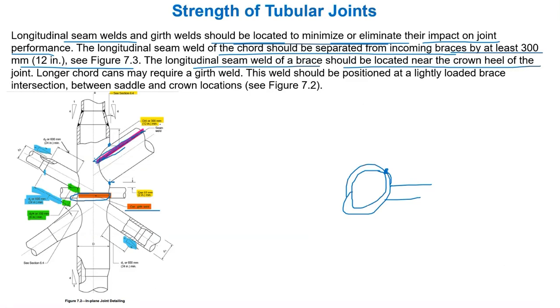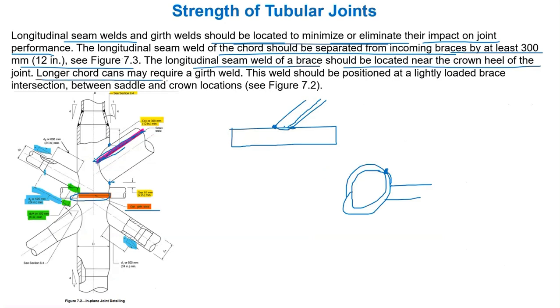Suppose this is my chord, and this is my brace, and this is my crown toe, this is the crown heel, and this is the saddle. I need to place this longitudinal seam near the heel.